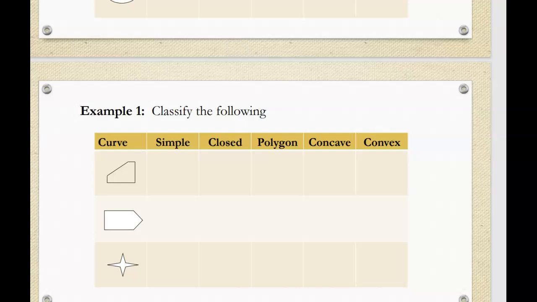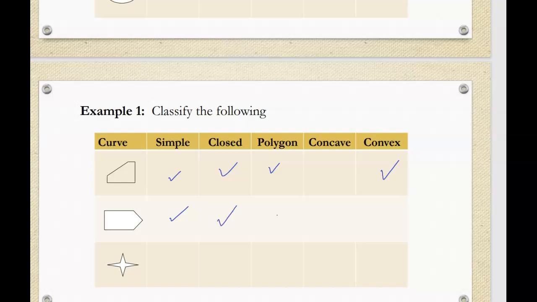Now this one is simple. It is closed. Since it has straight lines, it is a polygon. It does not cave in on itself, so it is convex. This is simple. It does not cross itself. It is closed.